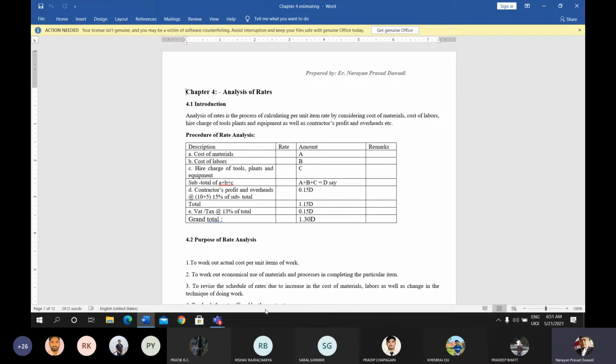So 13% of 1.15 D will be 0.15 D. The current total will be 1.15 D plus 0.15 D, which gives 1.30 D.